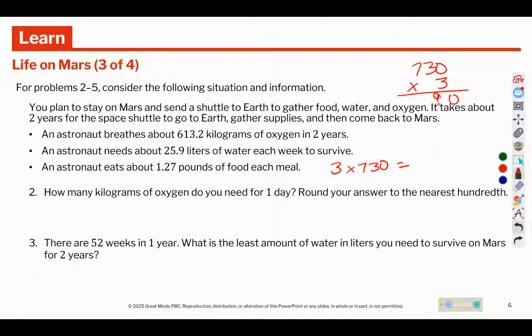Zero. 3 times 3 is 9. 3 times 7 is 21. So we have 2,190 meals in 2 years.